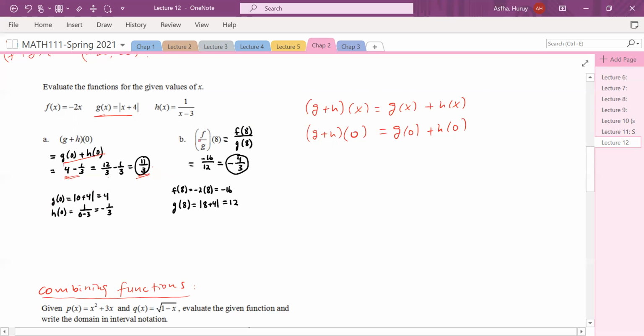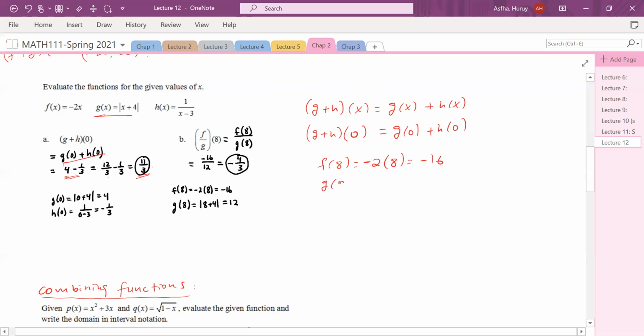And for the second part, we have f over g of 8. Well, we need to evaluate f over g at x equals 8. And again, by definition, this is the same as f evaluated at 8 divided by g evaluated at 8. f of 8 is -2 times 8, which is -16.